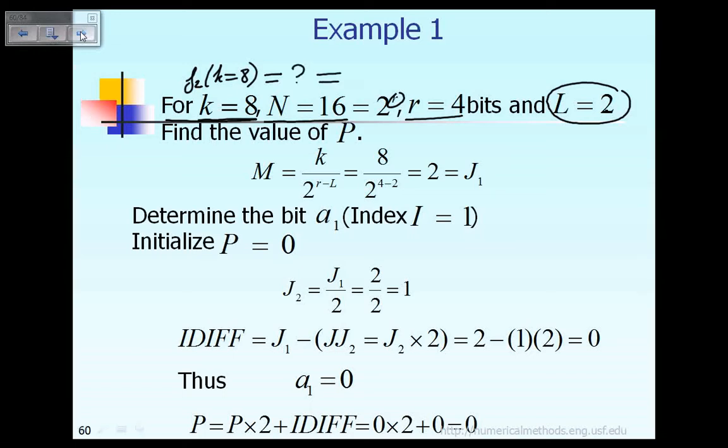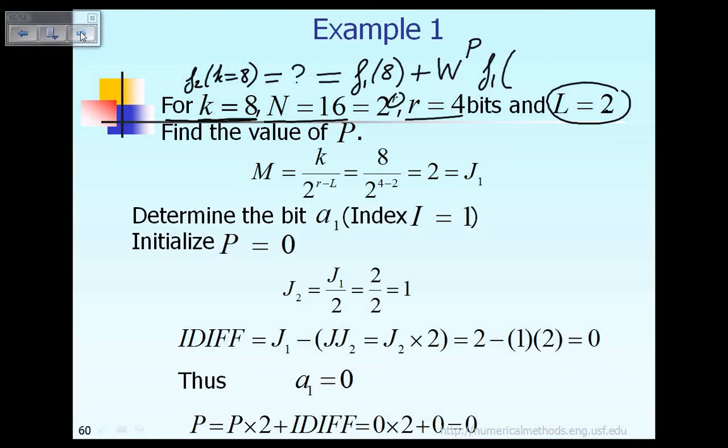The formula say F2 of 8 should be equal to the previous vector, which is F1, at the same location 8 plus W raised to the power P times F1 at the location of the companion node.